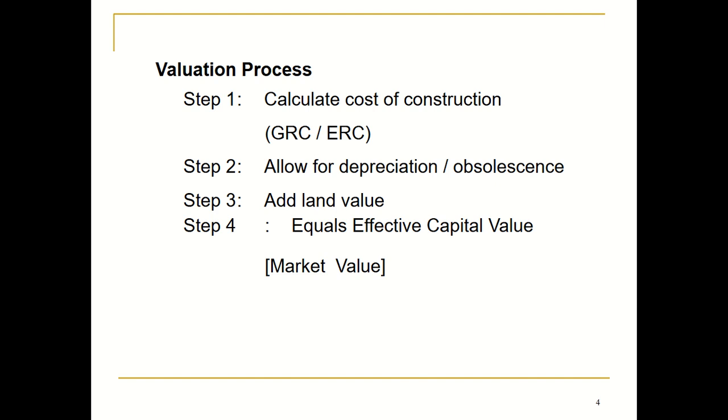If you get the exact amount by referring to the BQ, the bill of quantity prepared by the quantity surveyor, QS, you can put the amount in our valuation report. But usually the valuer will lump sum everything.